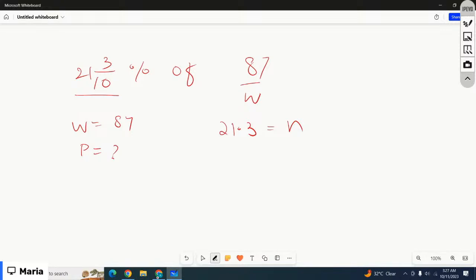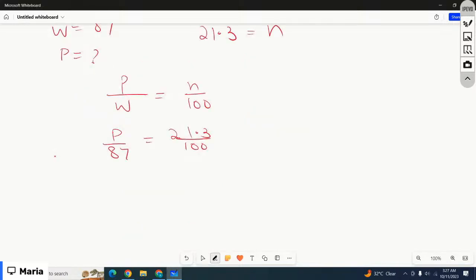Just form a proportion: part over whole equals n over 100. You have to calculate the part. Whole is 87, n is 21.3 over 100. So the part is 87 times 21.3 over 100, right?